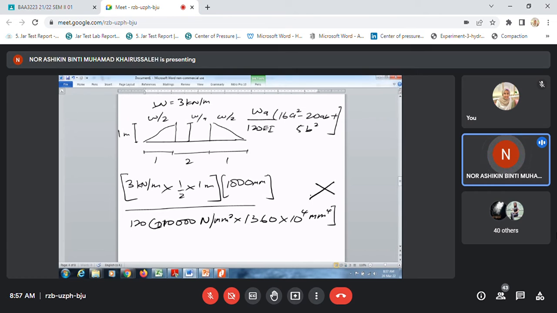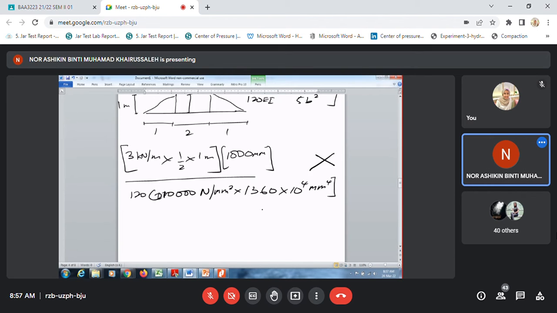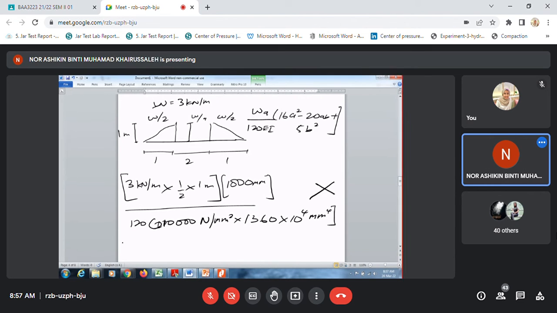Okay, and then multiply with this one. 16 A square. A is 1000 millimeter square minus with the 20 A, B is 2000 millimeter plus with the 5 B, 2000 millimeter power 2.